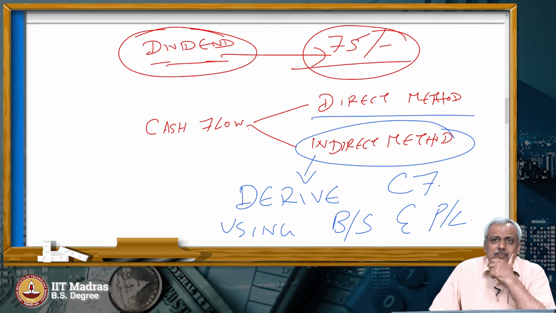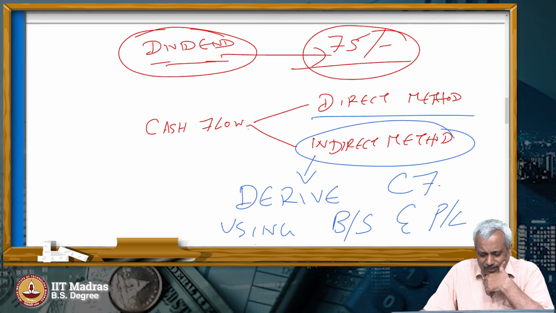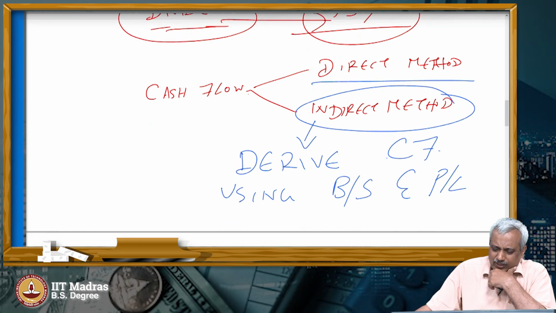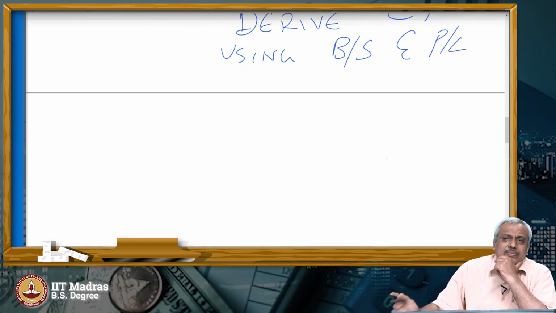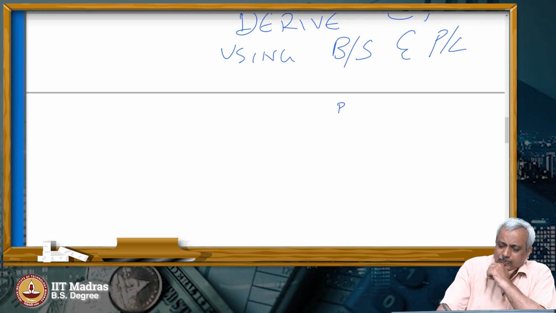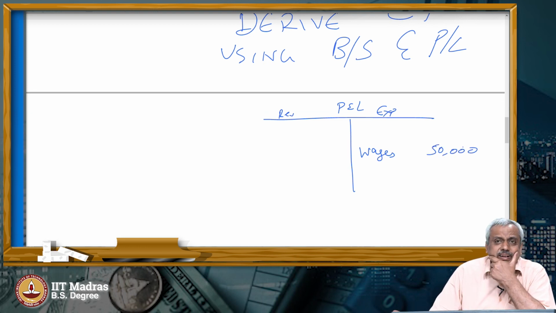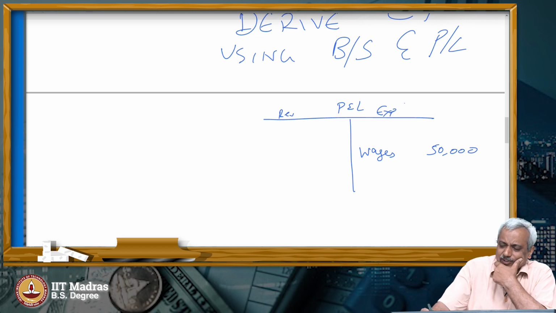Now let's get back. Let's take an example. I am going to take one or two examples and then we'll come back to it. My P&L statement has wages 50,000, and this is for the period 1st April to 31st March.